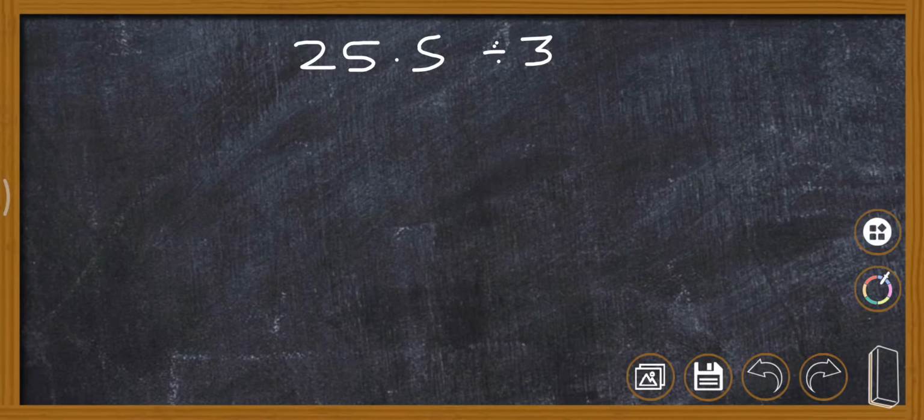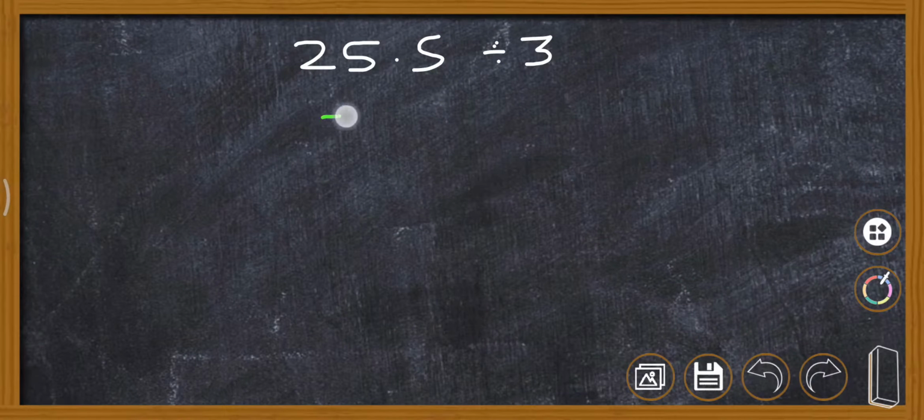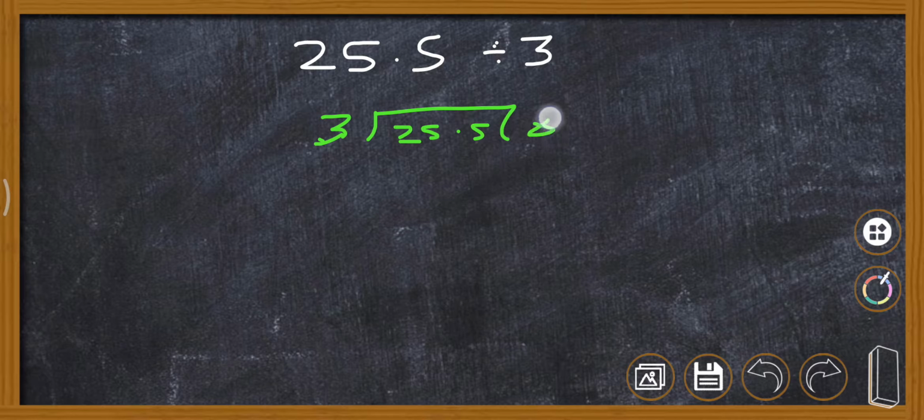Now this is second part of the same try these. 25.5 divided by 3. So again we will divide it properly. Now you know that 3 8s are, it is 24.